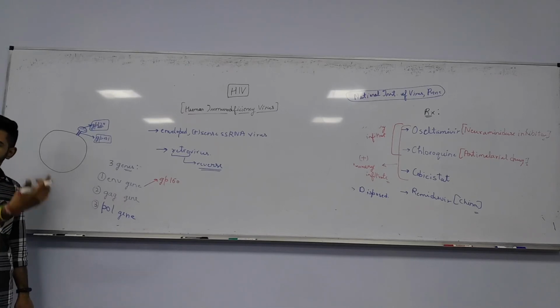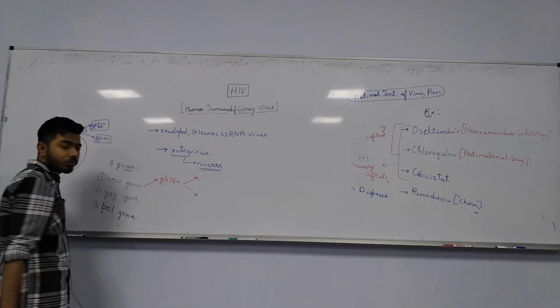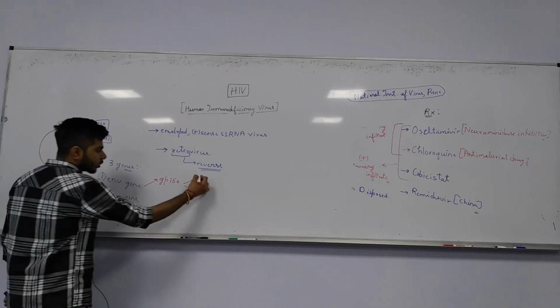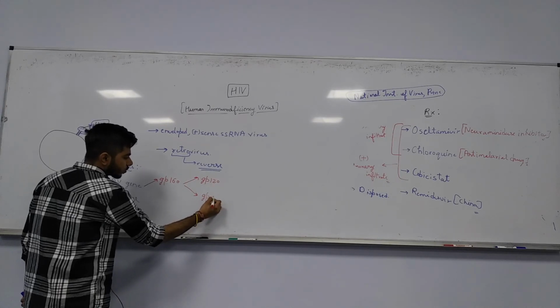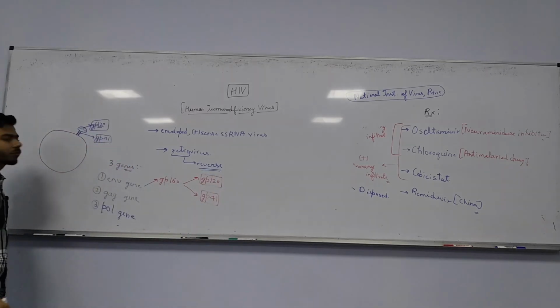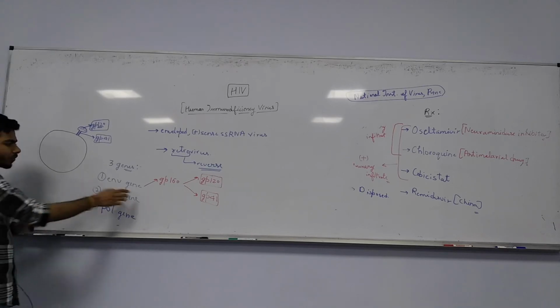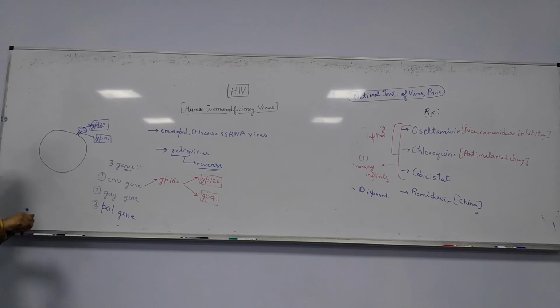GP160 will further cleave itself into two parts, GP120 and GP41, which I wrote over here. So the ENV gene has GP160, which is cleaved into GP120 and GP41. This is the envelope of the virus.